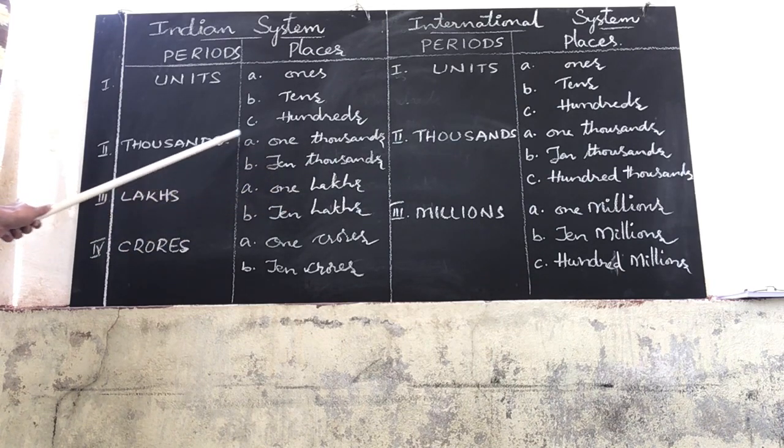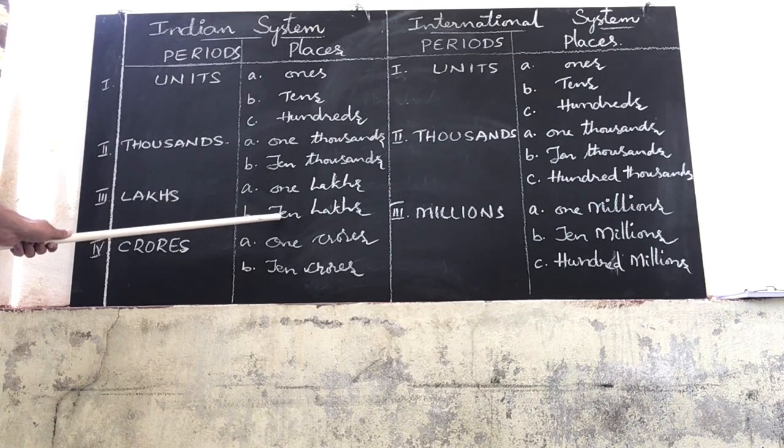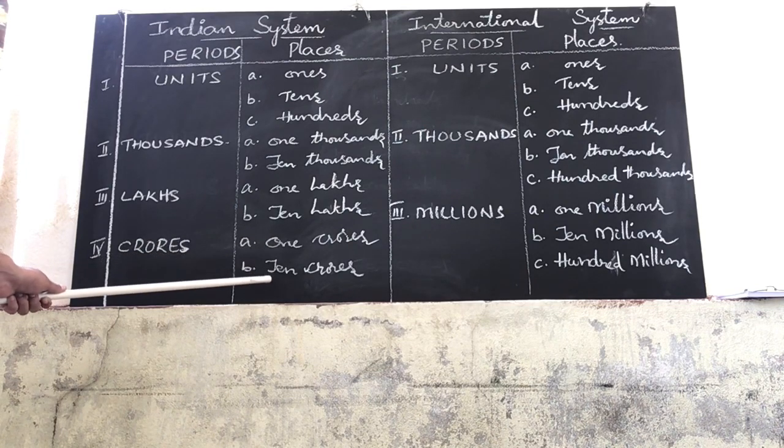The next greater than the thousands period is the lakhs period. The lakhs period has two places. They are 1 lakh and 10 lakhs. And coming to the next greater than the lakhs period, that is the crores period. The crores period contains two places. They are 1 crore and 10 crores.